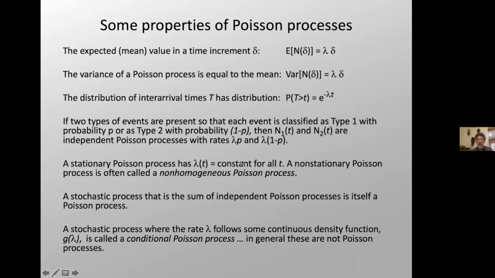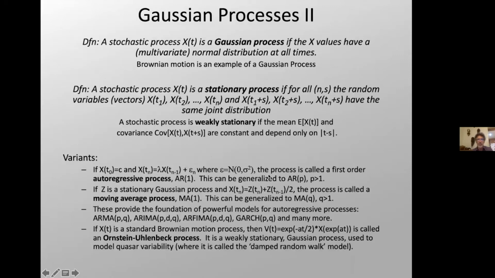If you have a stationary process that has a Gaussian noise, but the values also depend on previous noise values, then it's called a moving average process, or MA. And combining that is ARMA. And there's many generalizations. There's ARIMA for non-stationary autoregressive processes.